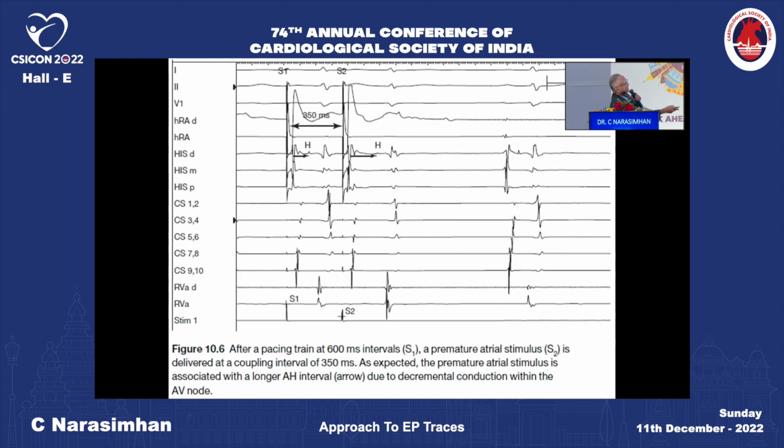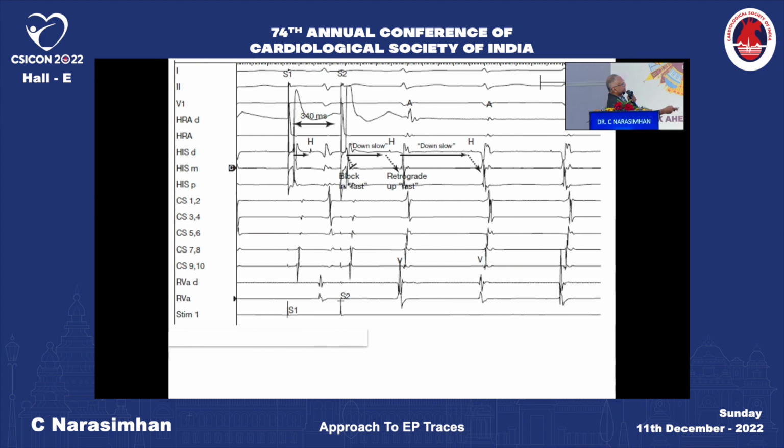You saw that the AH interval was 350 millisecond, and suddenly it jumps to more than 400 milliseconds just with a 10 millisecond decrement. And not only that, the impulse that has gone through the slow pathway has turned up and started setting up a re-entry in the AV node.